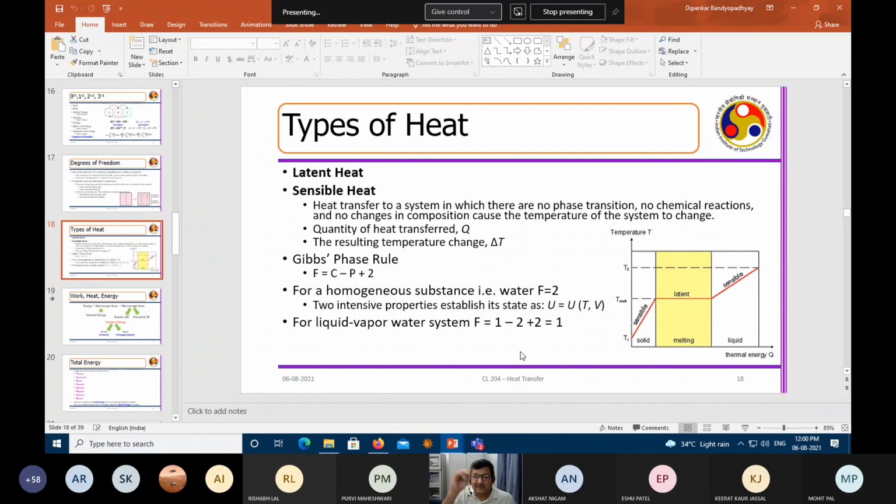Emulsion means you have a water matrix, and in that oil droplets are there, right? So 2 phases. So 2 minus 2 plus 2 is again 2. So one has to really see the system with clarity.